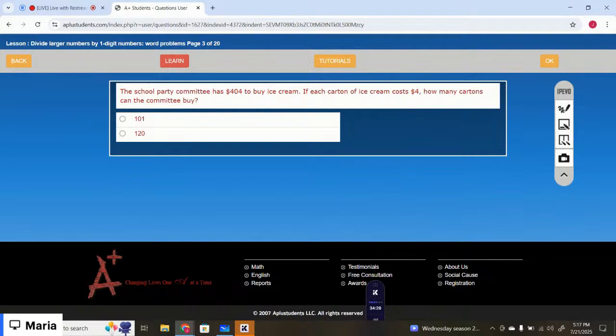The school party committee has $404 to buy ice cream. If each carton of ice cream costs $4, how many cartons can the committee buy?